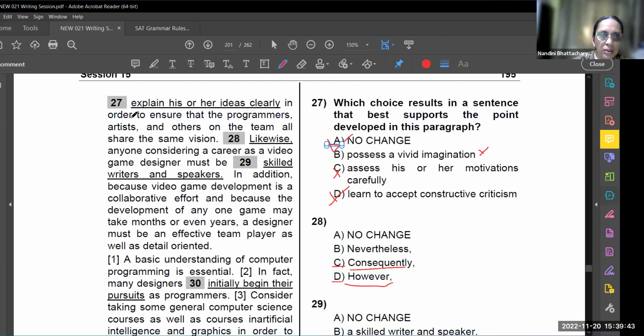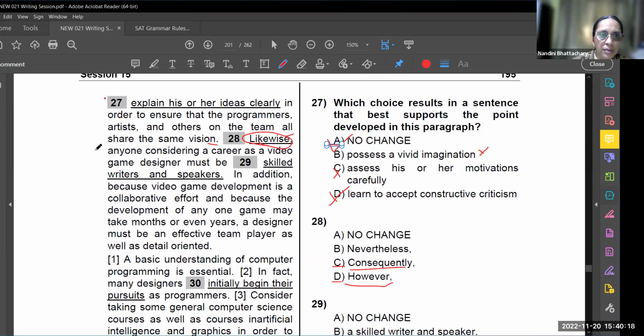The previous sentence we already had read: explain his or her ideas clearly in order to ensure that programmers, artists, and others on the team all share the same vision. Now, anyone considering a career as a video game designer must be skilled writers and speakers. That's a grammatical error. In addition, because video game development is a collaborative effort, and so now would we say, however?